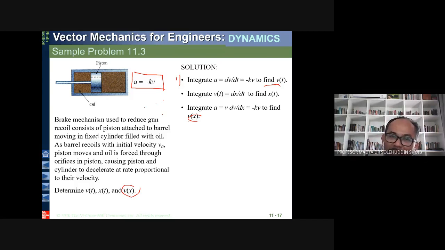So in dynamics, it's like that. It's not mathematics per se. Mathematics is a tool, but how you apply the concept is much more important. Which equation we need to use is very important. That's why you need to read the question very carefully, line by line, and try to understand what is required and what is known.